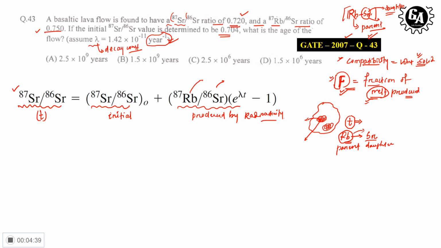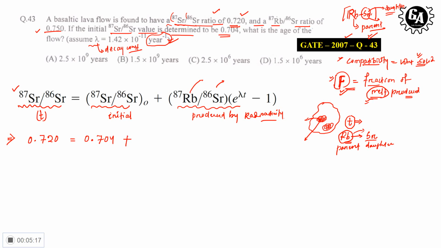If we use this formula and put in the given values, the strontium ratio is given as 0.720, equal to the initial strontium value, which is determined to be 0.704, plus the rubidium-strontium ratio.